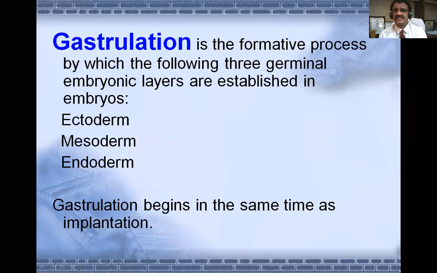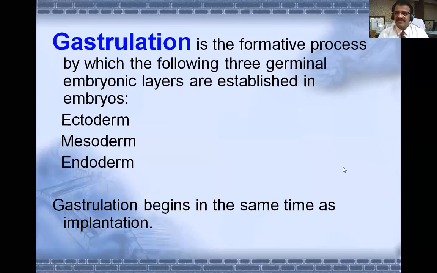Gastrulation is the process of formation of the three germinal embryonic layers. Gastrulation begins at the same time as implantation. So after implantation, gastrulation doesn't come. Implantation is going on, and at the same time the gastrulation process is also going on. It happens simultaneously. Please remember that.